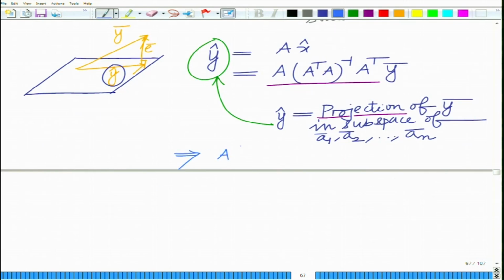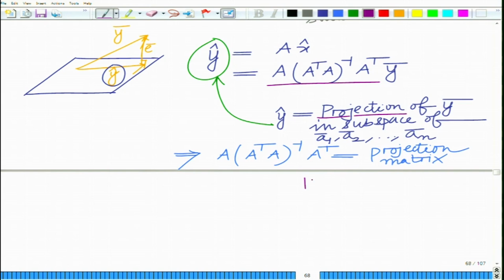This implies that A into A transpose A inverse A transpose is the projection matrix. And the projection matrix for what? Projection matrix for the subspace that is spanned by a1 bar, a2 bar, an bar. That is it.